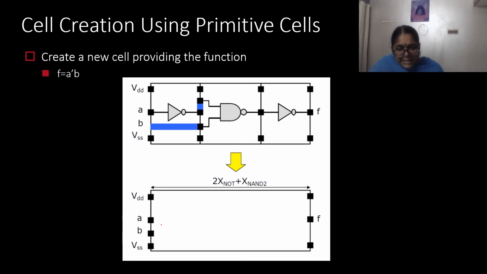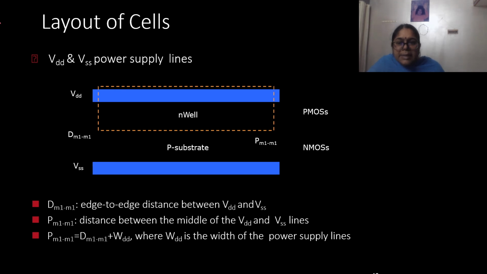And you can see the placement of the inputs A and B and output F. Similarly, VDD and VSS power lines will be formed in the regions shown in this manner. You can see that the N-well region is formed in the place where PMOS transistors will be formed, and the P substrate is used where NMOS transistors are formed.